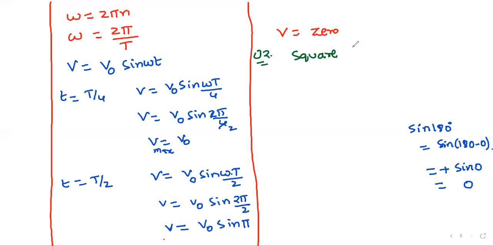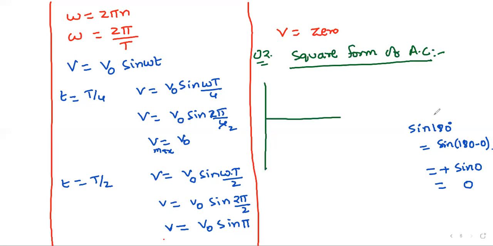the square form of AC. Because in alternating current, we are using the sinusoidal form for the entire time. Suppose let us consider on the x-axis it is time, and on the y-axis it is voltage. Same as before, I will consider 15, 20, and then 25.